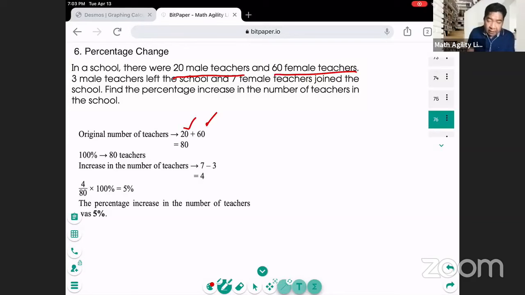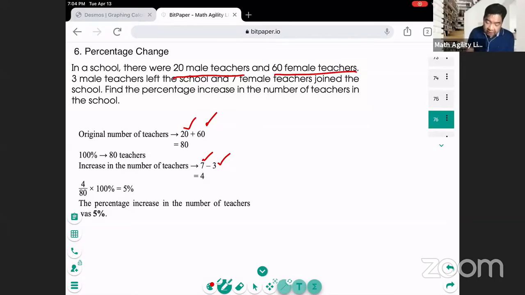So based on percentage and proportion, we equate 100% to 80 teachers. The increase in the number of teachers would be 7 minus 3, which is the number of female teachers joined minus the number of male teachers left. So 7 minus 3 would become 4, right?